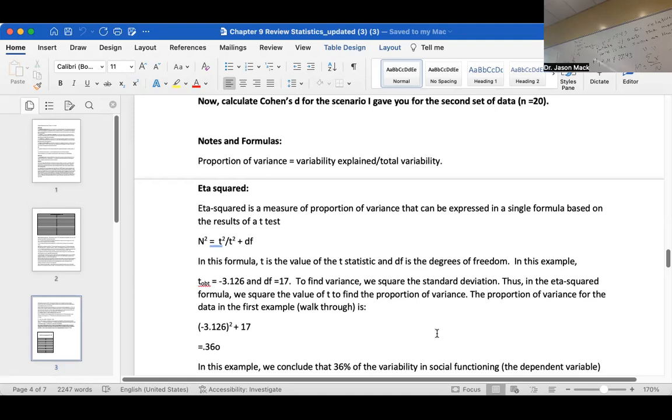So now, and you can use page 264 in our text, section 9.4, calculate the eta squared from the previous problem. You're going to take your t squared divided by t squared plus the degrees of freedom from the previous problem. And then we'll walk through that.